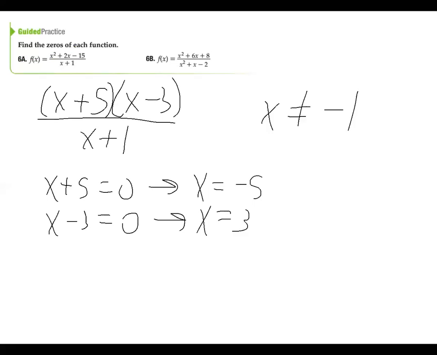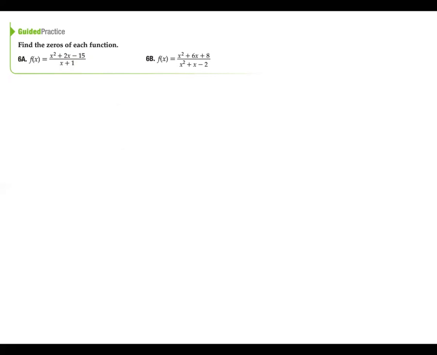So basically, the excluded values are what make the denominator 0. The zeros of the function are what make the numerator 0 after you cancel out any common factors. Now, in this case, we didn't have any common factors to cancel out, and that happens a lot, and that's okay. They don't always cancel out.